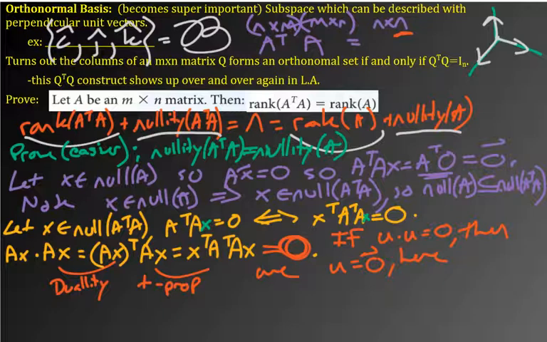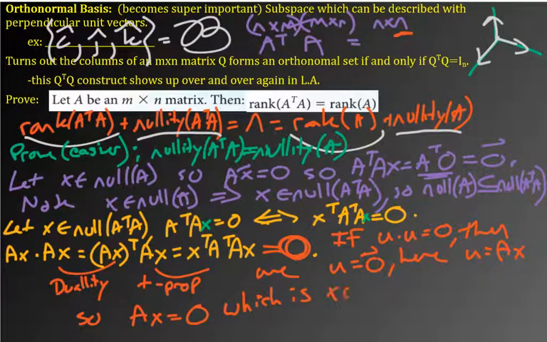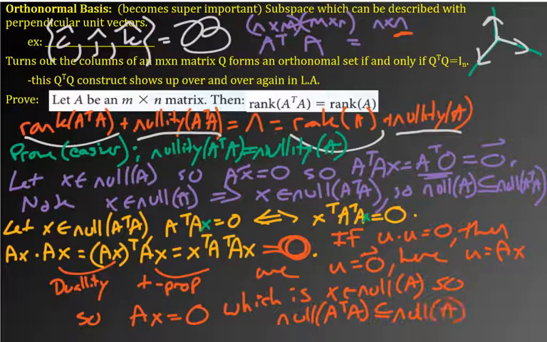Here, u is equal to Ax. So I have that Ax equals 0, which is that x is in the null space of A. So I have the null space of AᵀA contained in the null space of A.